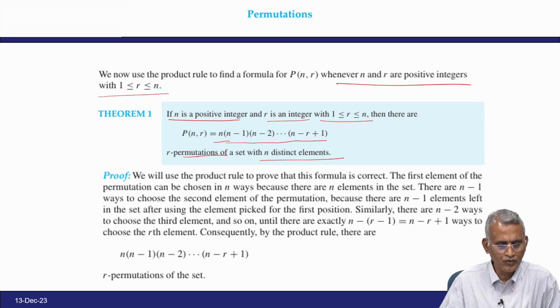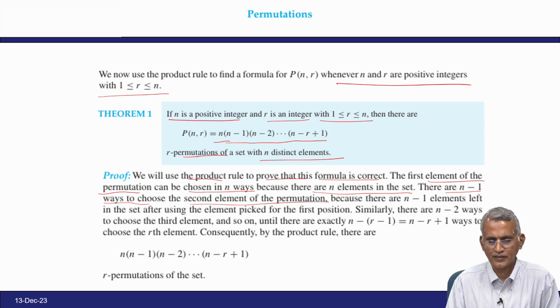Now, we have a proof. We will use the product rule to prove that this formula is correct. The first element of the permutation can be chosen in n ways, because there are n elements in the set, and there are n minus 1 ways to choose the second element, because there are n minus 1 elements left in the set after using the element picked for the first position.